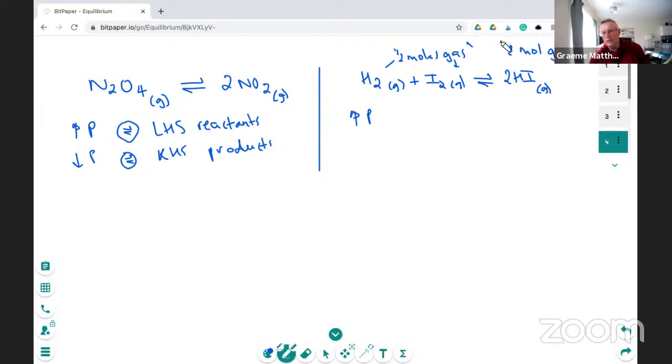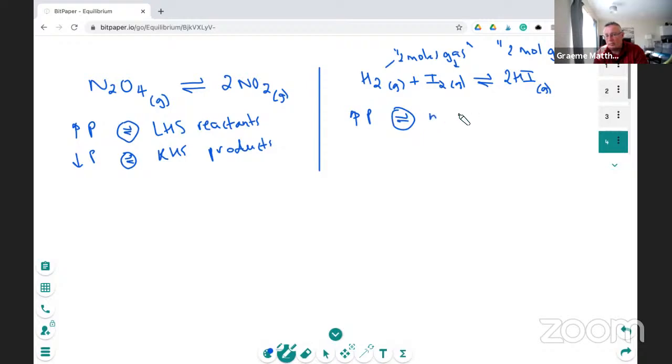That's a good question, because if I increase the pressure, the equilibrium position is not going to move. Why? Because you've got the same number of moles of gas on the left and right-hand side. So if you increase the pressure, you would say there's no change in the equilibrium position.